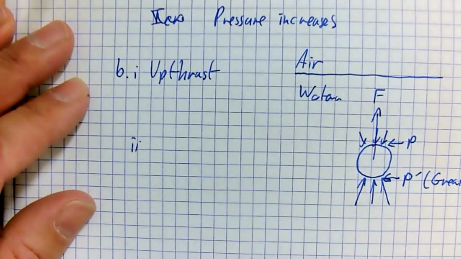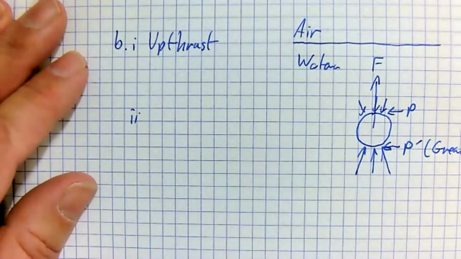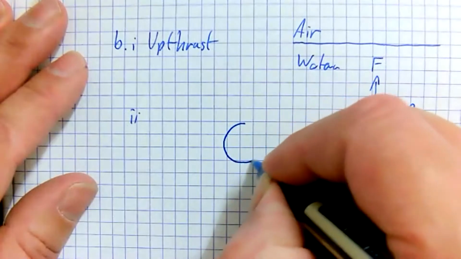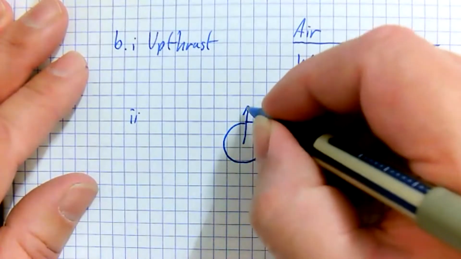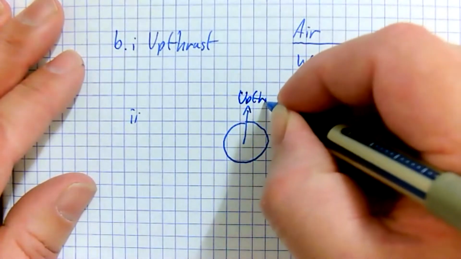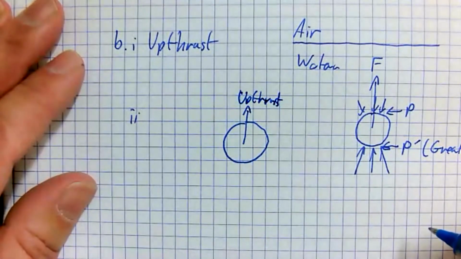Where it says draw a force diagram for the bubble as it rises to the surface, what you'd have is the upthrust pushing the bubble upwards.